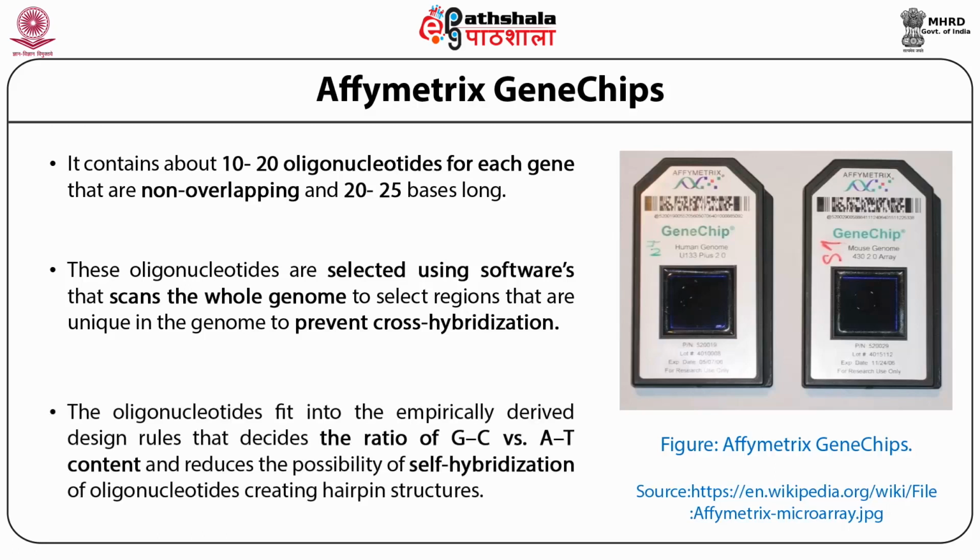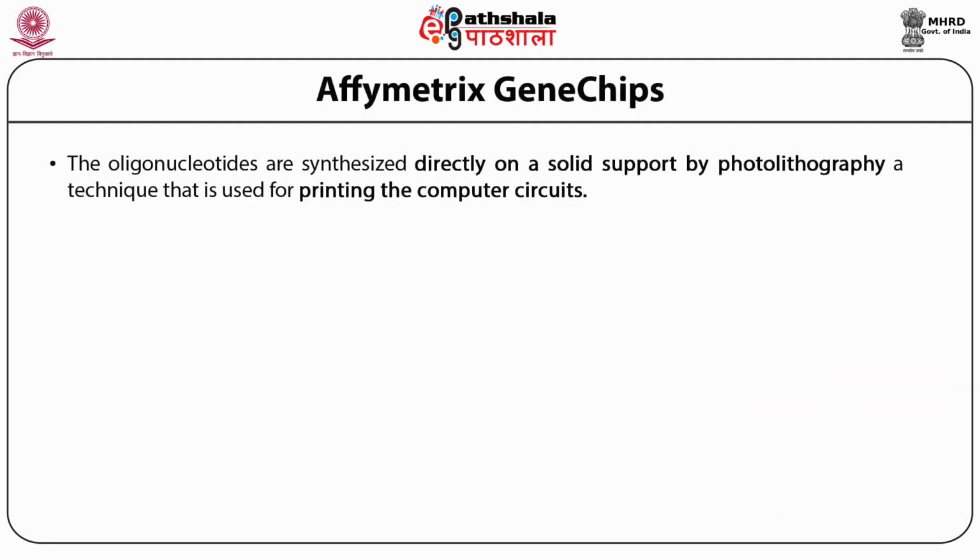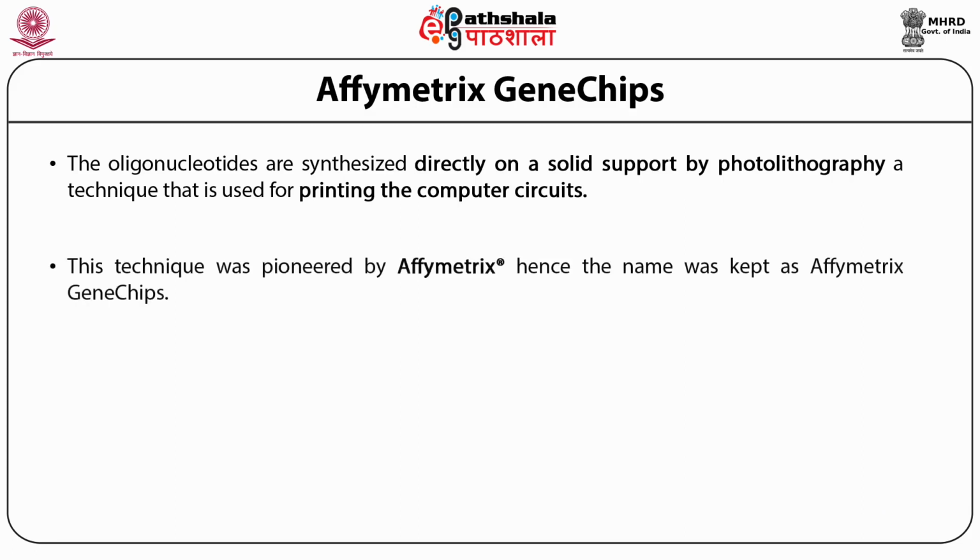The oligonucleotides fit into the empirically derived design rules that decide the ratio of GC versus AT content and reduce the possibility of self-hybridization of oligonucleotides creating hairpin structures. The oligonucleotides are synthesized directly on a solid support by photolithography, a technique that is used for printing computer circuits. This technique was pioneered by Affymetrix, hence the name Affymetrix GeneChips.